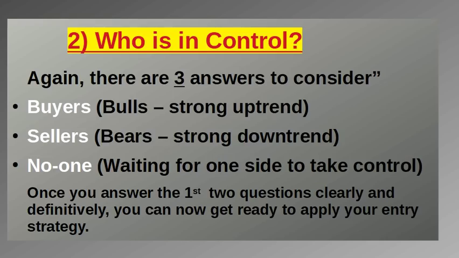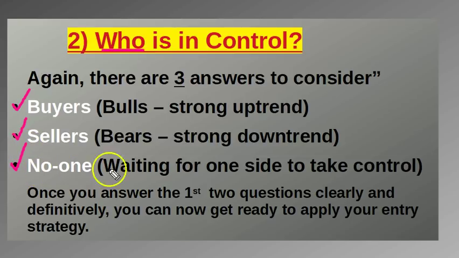Okay, again, this is pretty simple. The second question here is the second W: who is in control? Again, there are three answers for you to consider. One, we've got buyers in control. The buyers are the bulls in a strong uptrend. Sellers, they are the bears in a strong downtrend. And how about this one?